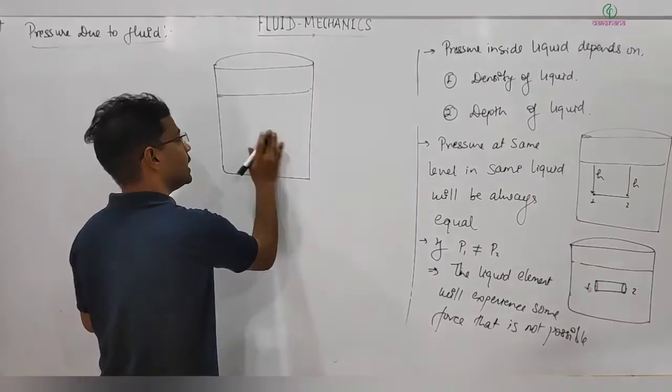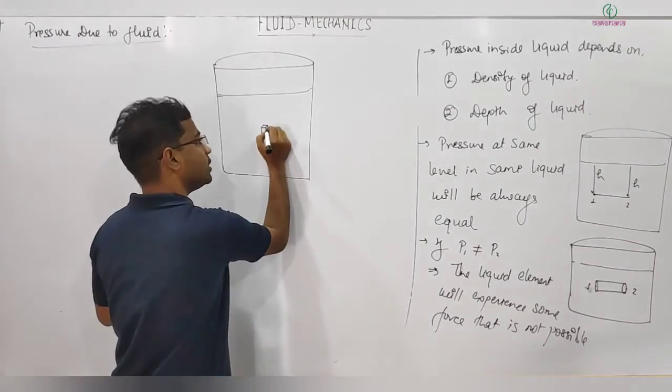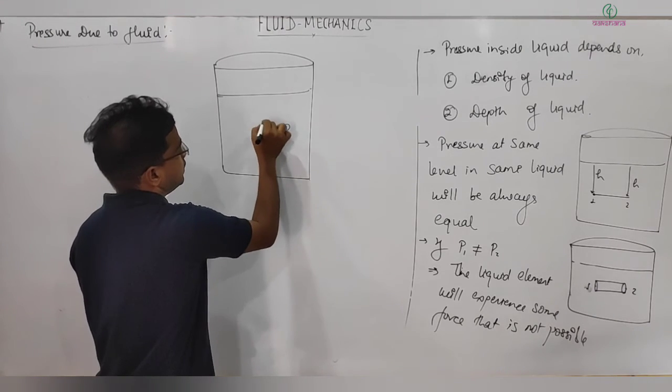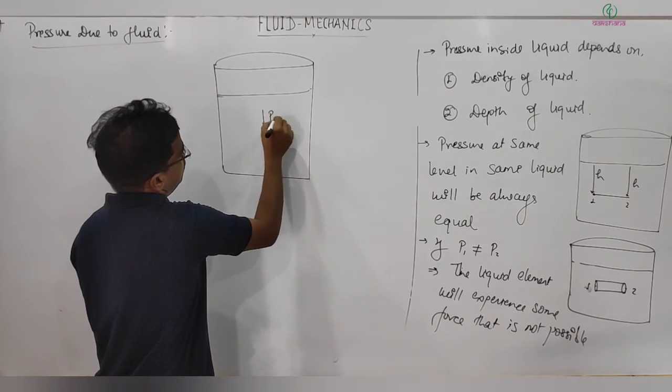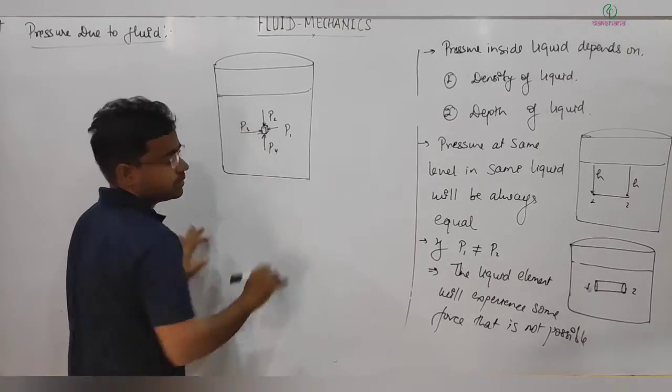Its height you can almost neglect. Then what will be happening on this element? Pressure will be one pressure from this side P1, from top P2, from this side P3, and from this side P4.